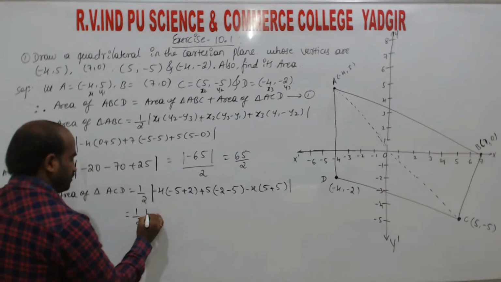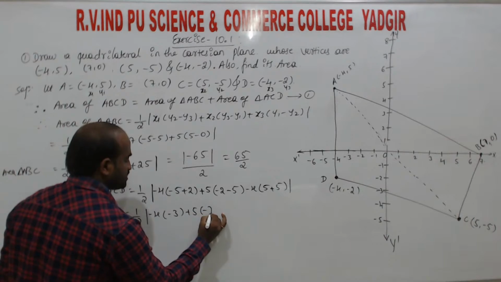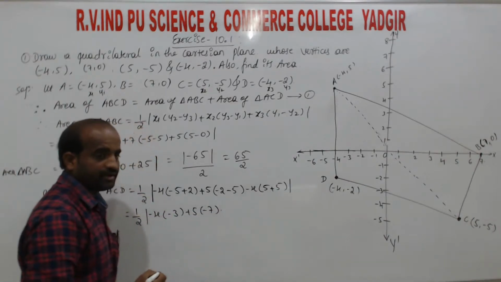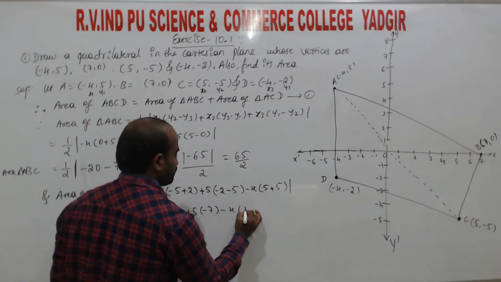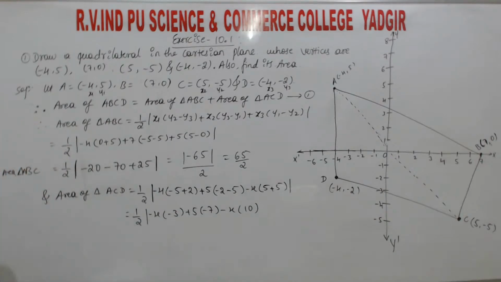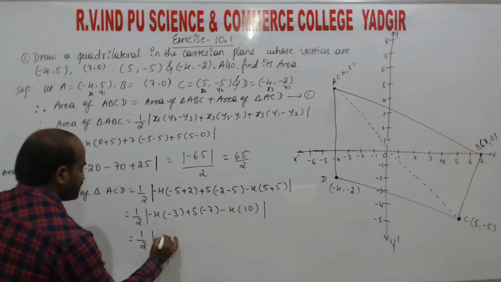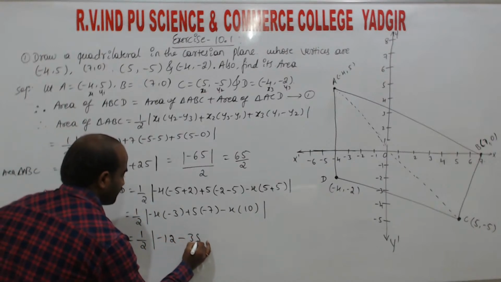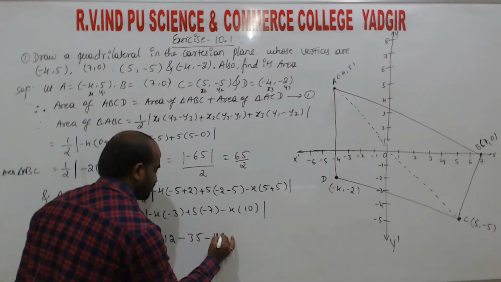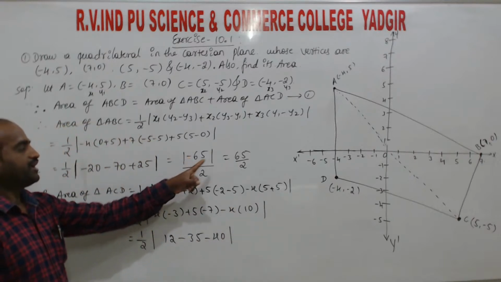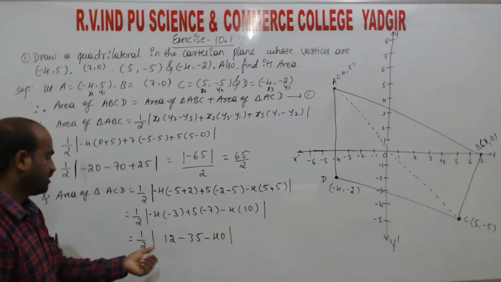1 by 2 into minus 4 into 2 minus 5 minus 3, 5 into minus 7, 5 plus 5, 10, 10 into minus 4, minus 4 into 10. Okay. 1 by 2 into minus 12, minus 35, minus into minus plus 12, minus 35, minus 40. Now modulus of negative is plus. Okay. Now 12 minus 35 minus 40.